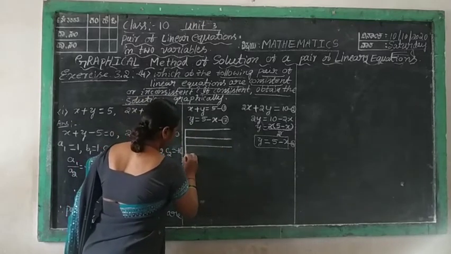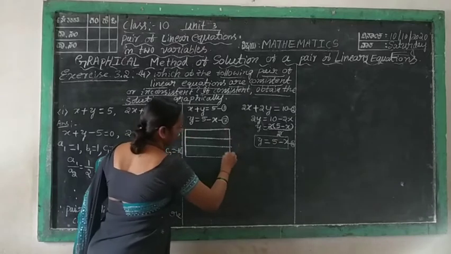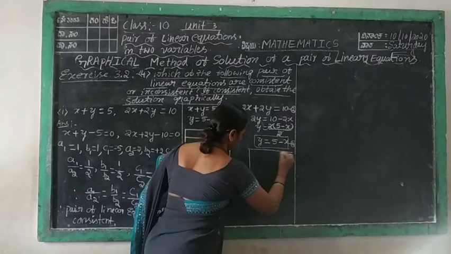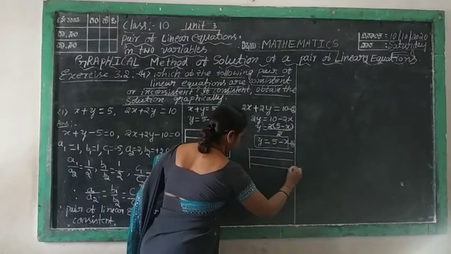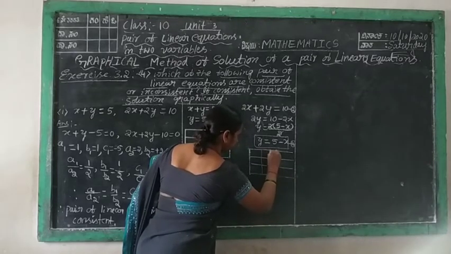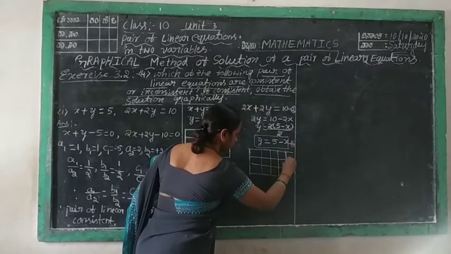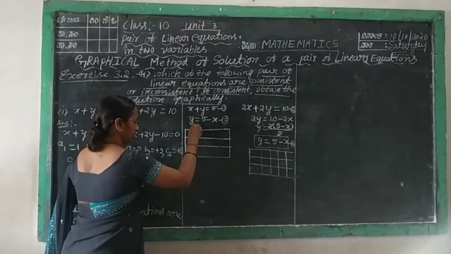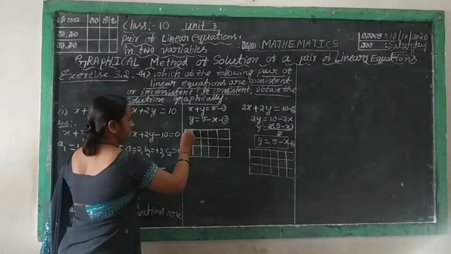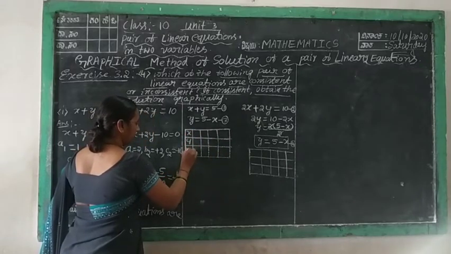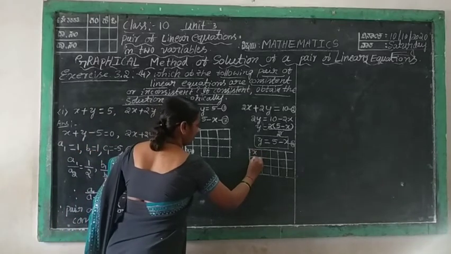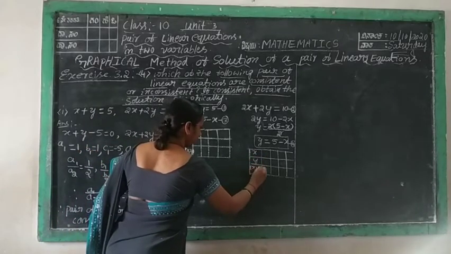We put the values of x and find the y values for the two equations, giving the pairs x, y.